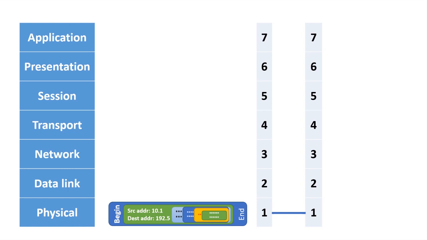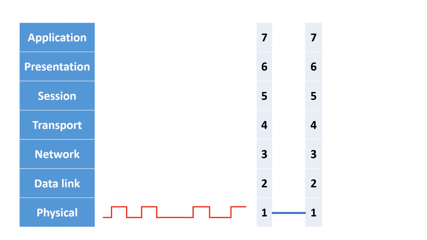But at this stage, it is no longer something that is humanly readable. It is something that is electrical, and we're going to try and indicate that by adding a waveform here. The message is translated to that waveform. Clearly, we need many more bits for a typical message, but that's good enough to fit it in here.